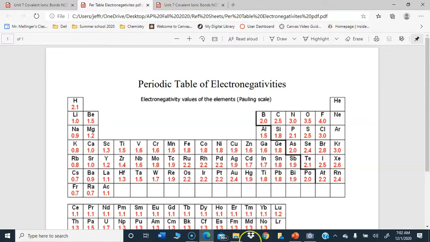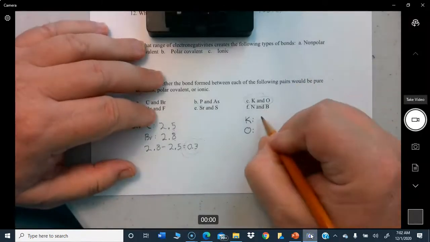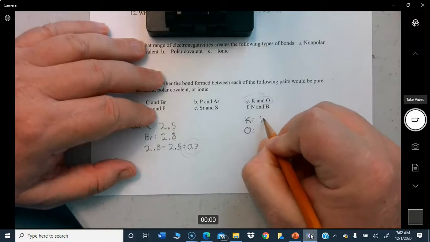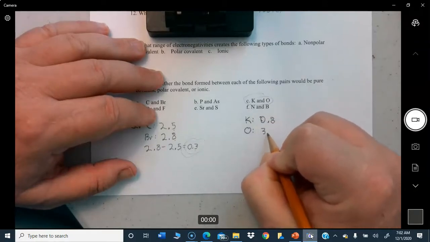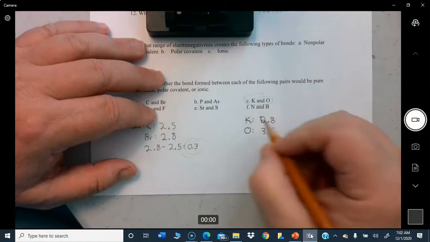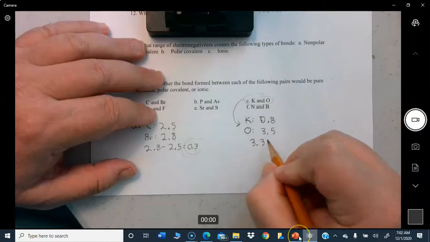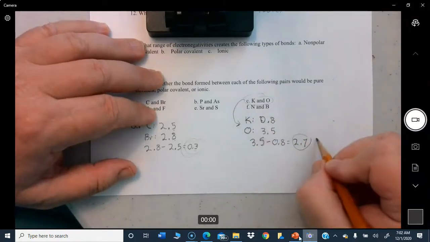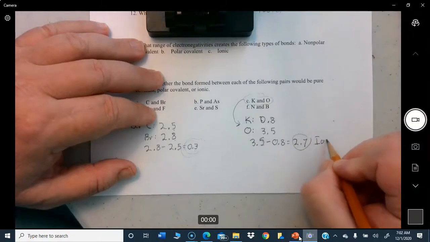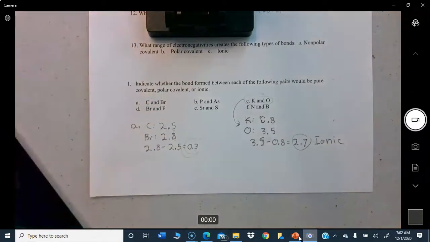So we will come back over here, and it's going to be 0.8 and 3.5. Okay, so again, we're doing this one. So that's going to be 2.7. So that's going to be ionic. That's definitely above either 1.8 or 2, whichever table you use. And that's going to be an ionic bond.